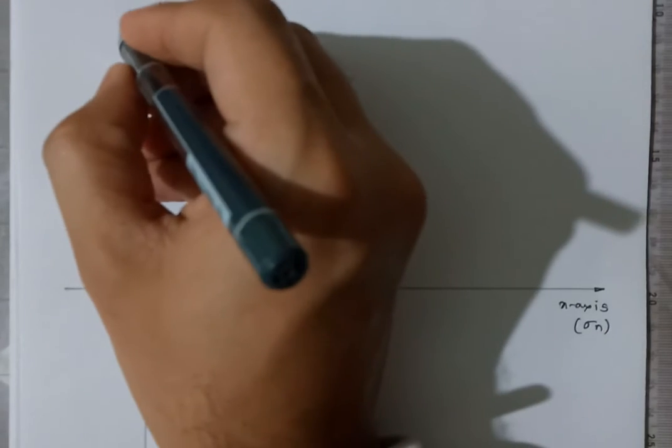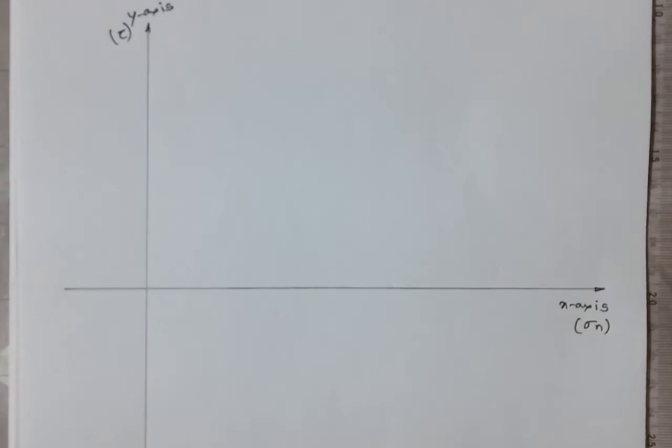Here you are having tau. So along the y-axis we have shear stress, and along the x-axis I have normal stress. Now let me plot plane A and plane B.